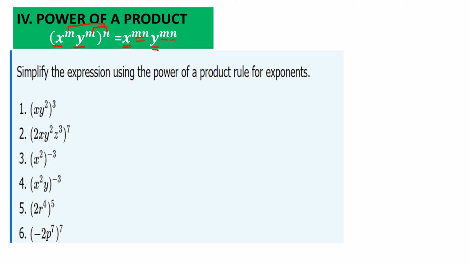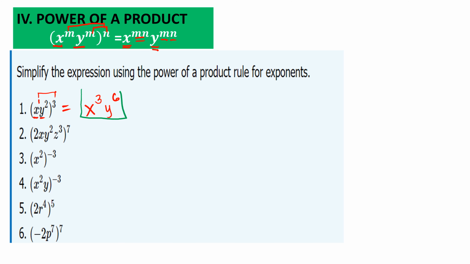So let us now consider these following examples. Number 1, since we have two bases inside, and the x has a 1 in there, so 1 times 3, we have 3. And the y has an exponent of 2, you simply multiply 2 times 3, it's a 6. And that is your final answer.